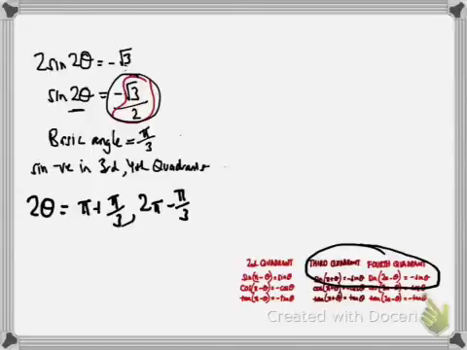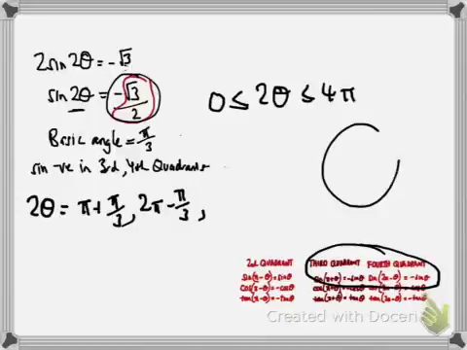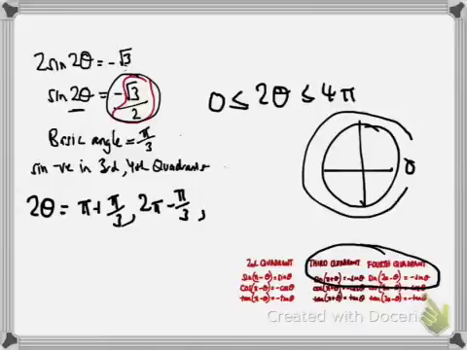Now remembering that our domain here is between 0 and 4 pi. I've doubled the domain, which was originally 2 pi, for reasons you'll see in a moment. So I've got to go around a second time. Remember, they're the solutions between 0 and 2 pi. If I just draw my circle, we go around from 0 right round to 2 pi. Now I need to go around again.